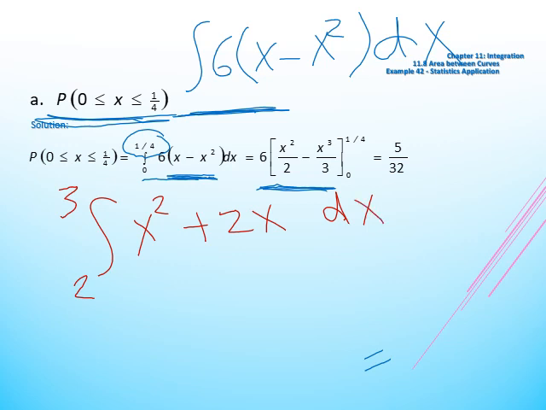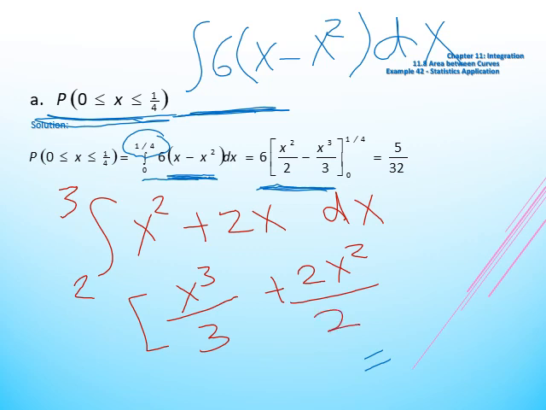So the integration will be x to the power 3 over 3 plus 2 times x to the power 2 over 2. Not plus c here, because it's a definite integral from 2 to 3.